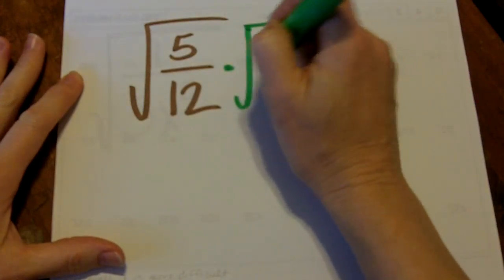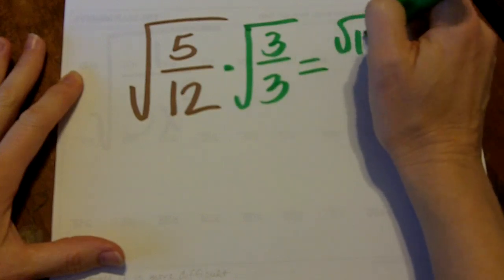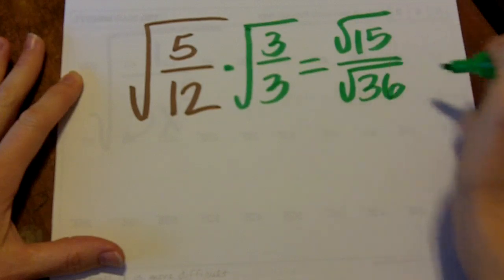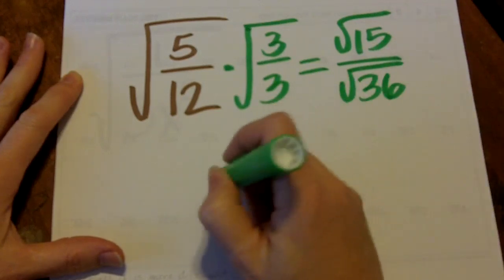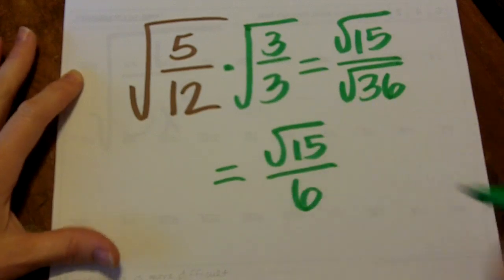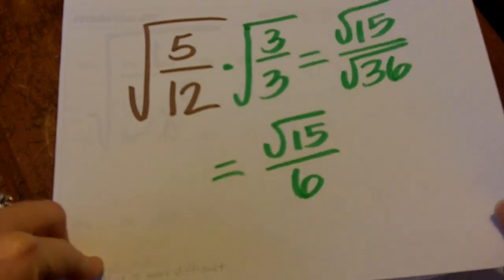So if we multiply by the square root of 3 over 3, we end up with the square root of 15 on top and the square root of 36 on the bottom, which equals the square root of 15 over 6. While we could factor the square root of 15, we would just get 5 times 3, neither of which is a perfect square, so we can just leave it in this form, the square root of 15 over 6.